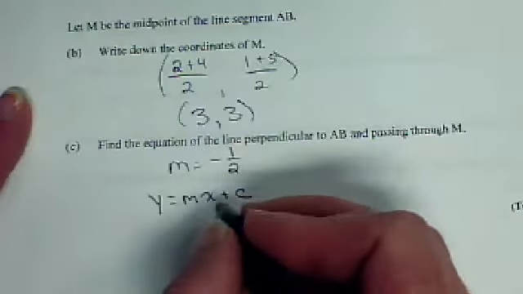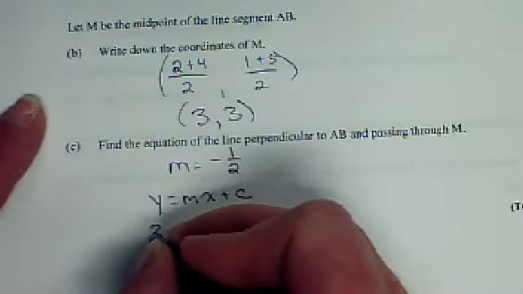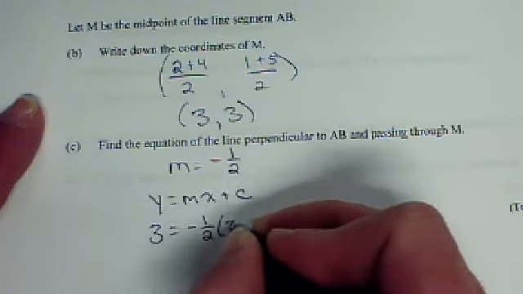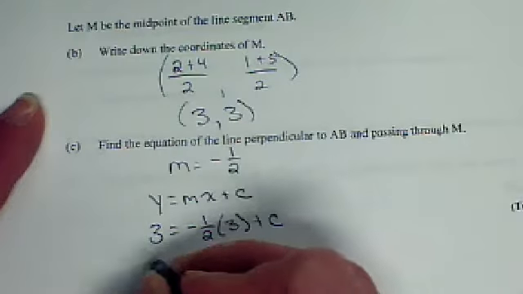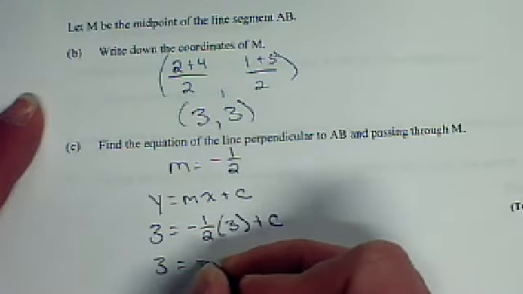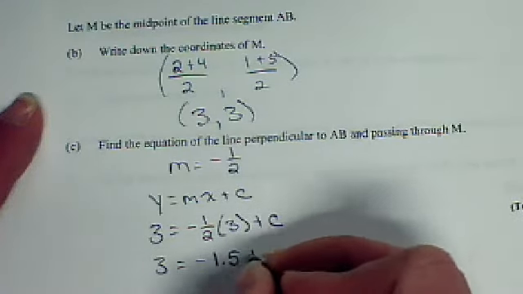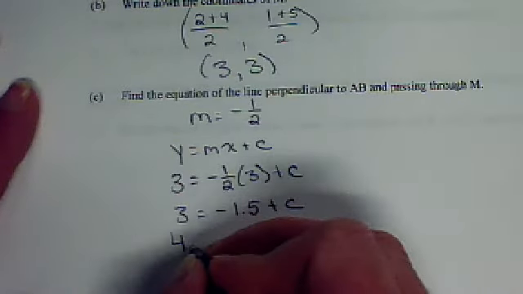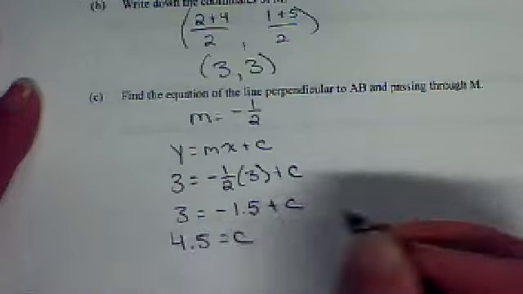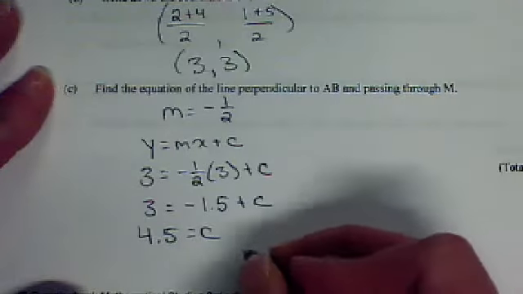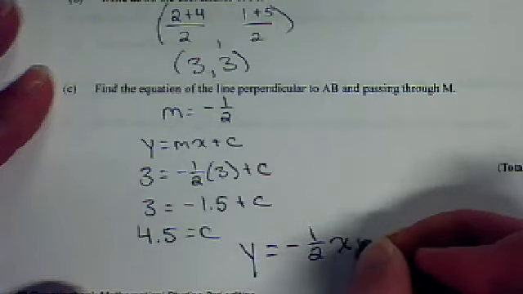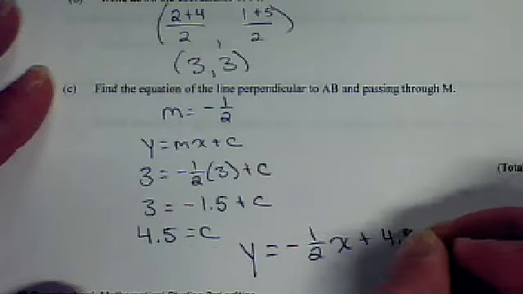That point can go in for x and y. So 3 equals negative 1.5 plus c. Add to the other side, that gives me 4.5 equals c. So the equation would be y equals negative 1/2 x plus 4.5.